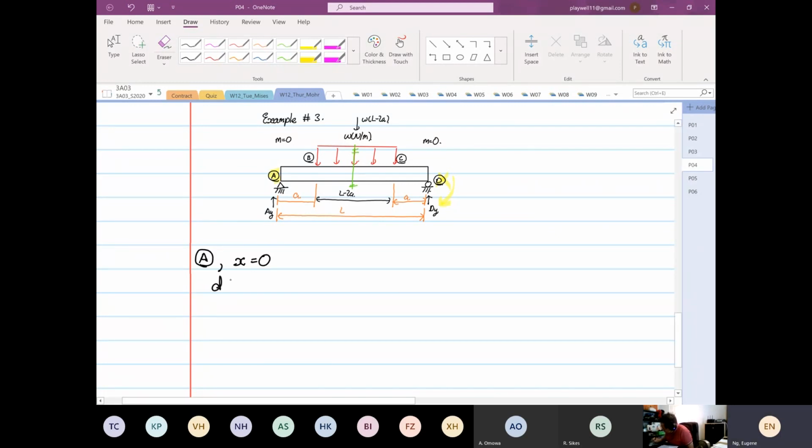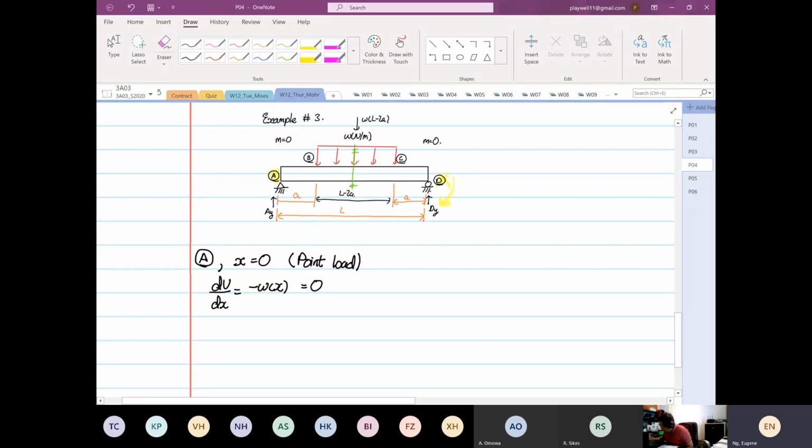We know that dV over dx is equal to minus omega as a function of X. And at point A, what you see, we have a point load. So this will be equal to 0. Okay?